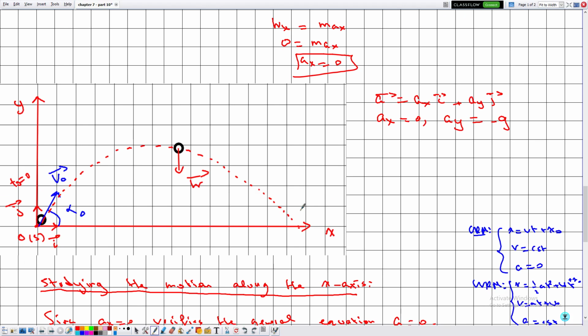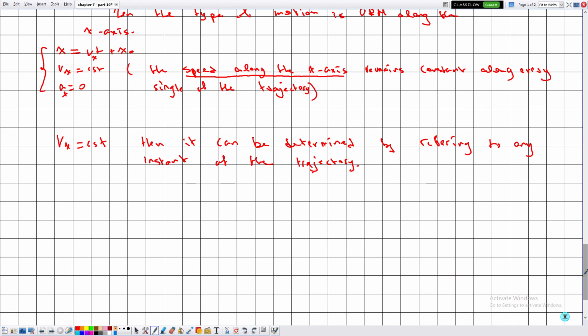Okay, and in particular t is equal to t0. So in this case vx is equal to v0x, which is equal to what?